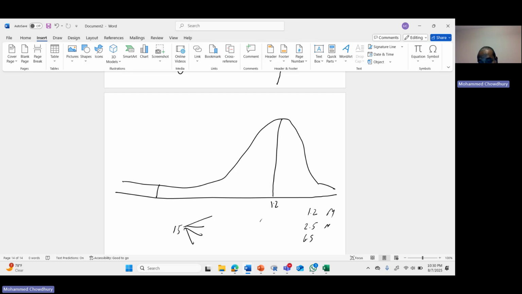So this is the place of the mode. This is the mean. They drag it to the left, and the median is always in the middle. Okay, median is always in the middle. So this is what I have discussed.